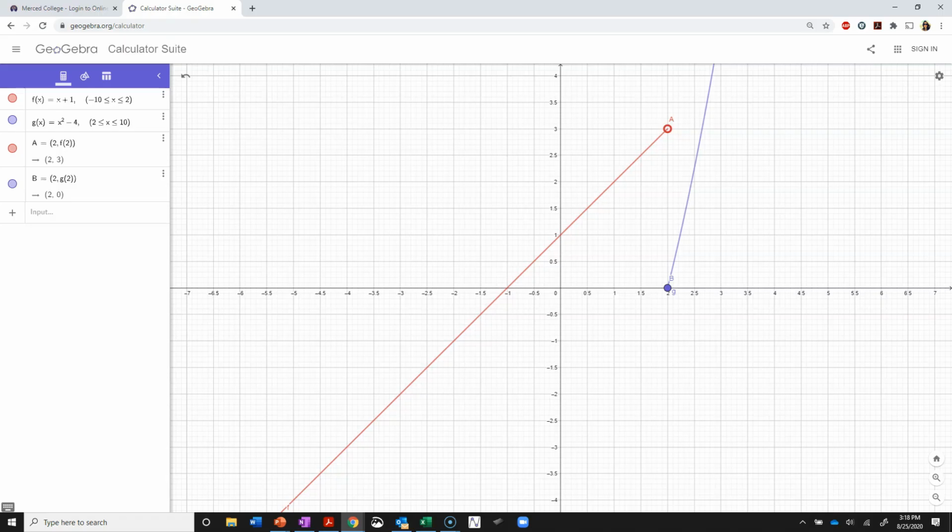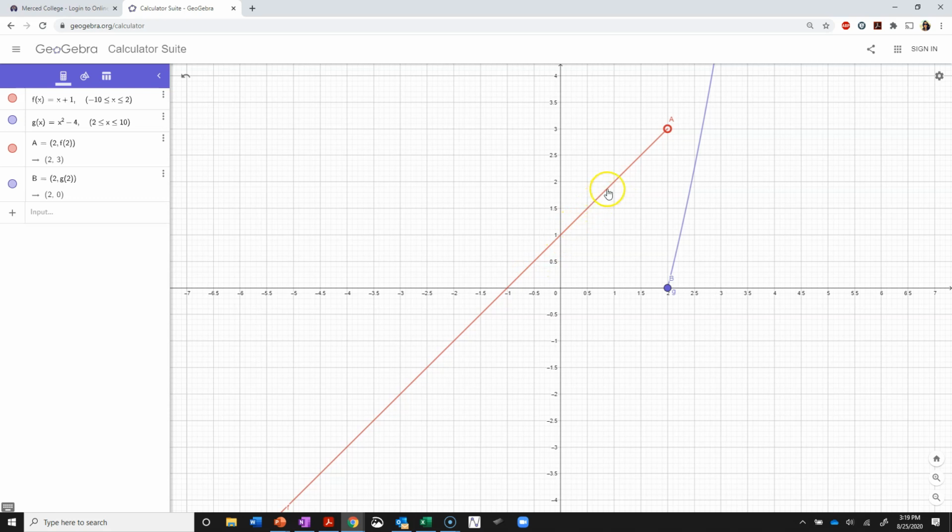I've gone ahead and graphed that piecewise function for you just so that we can get an idea of why we saw what we saw. Now, x equals 2 is happening right around this x equals 2 line. And if we are traveling on the function to the left of x equals 2, then we're on the red portion of this line.